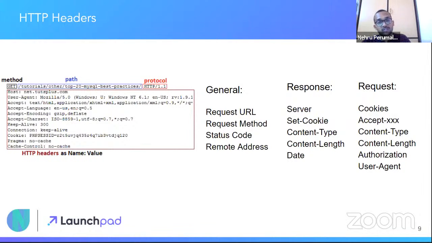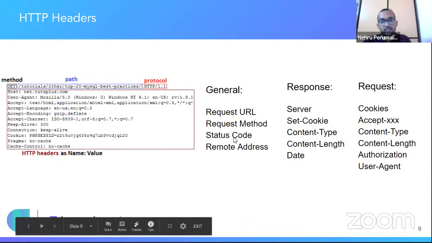If the status code is 500, then there is some error on the server side. So these help identify where the problem has occurred, whether it is successfully completed or not, and what stage that particular request is currently in.